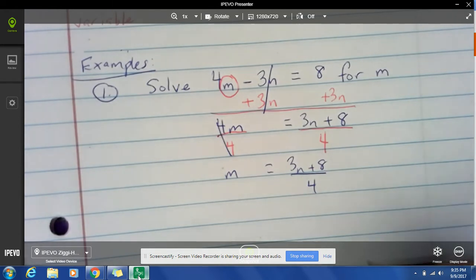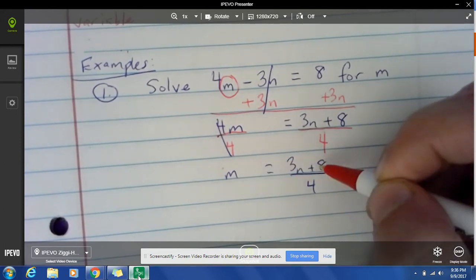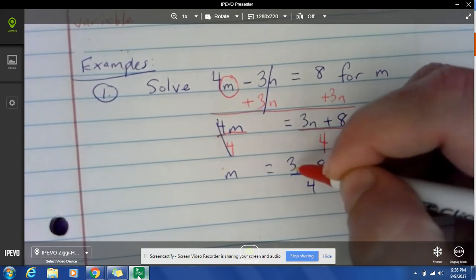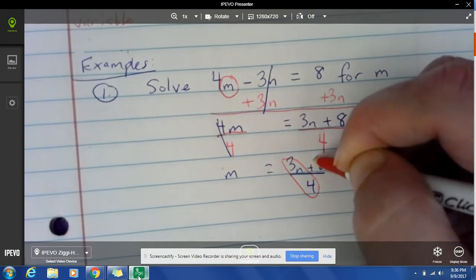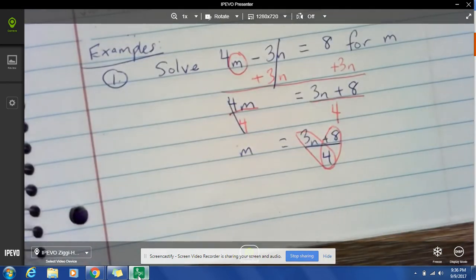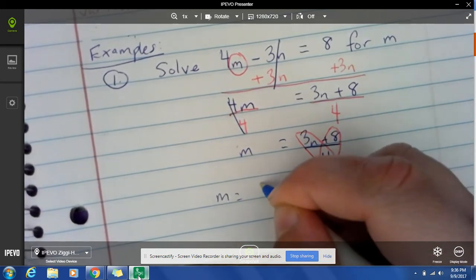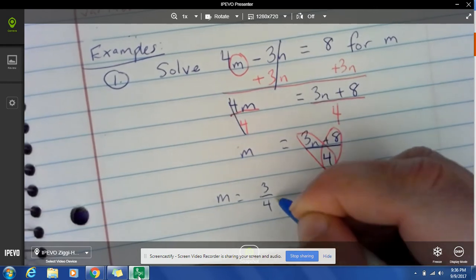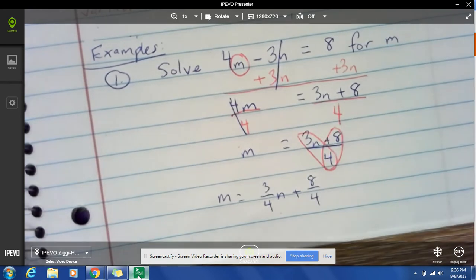Now the next thing we want to do is separate this into two separate fractions on this side so that we can simplify. If you have a polynomial on top, you can separate this into two fractions, 3n over 4 and 8 over 4. So that's what we're going to do. So m equals, or we could just write 3/4 n plus 8 over 4.